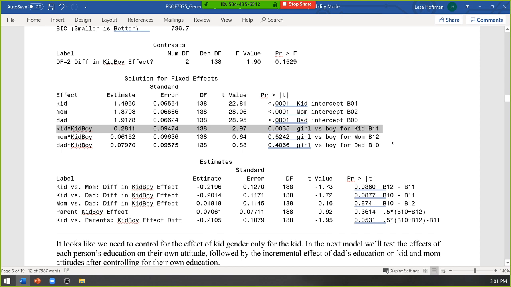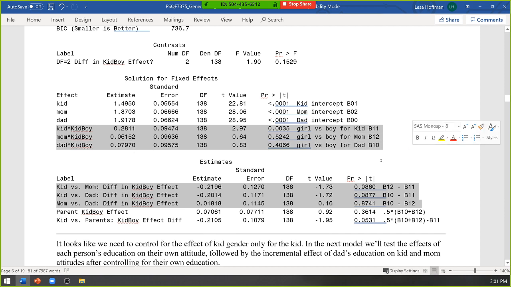So the model directly tells me if my predictor is significant for each outcome. If I want to know if the effect is different between outcomes, I can ask for that as a linear combination. And so that's what the first three terms are. These are comparisons of these three slopes.